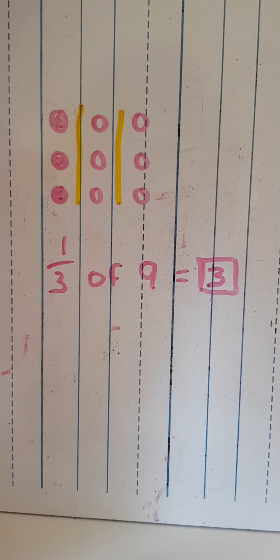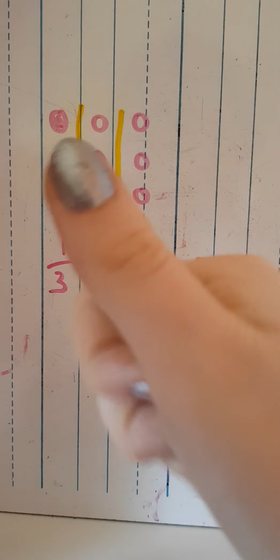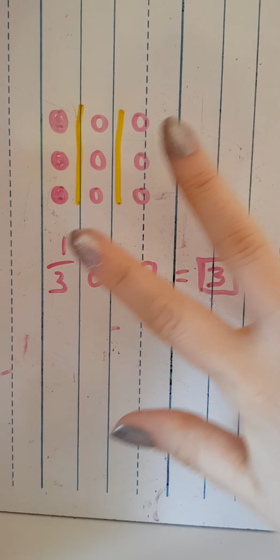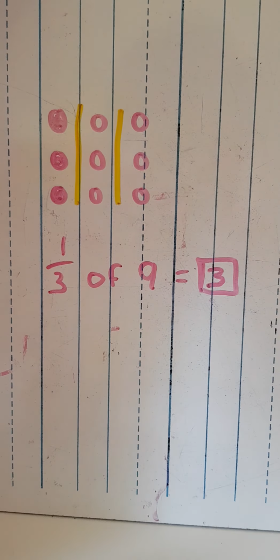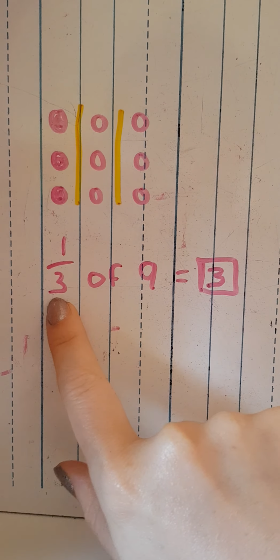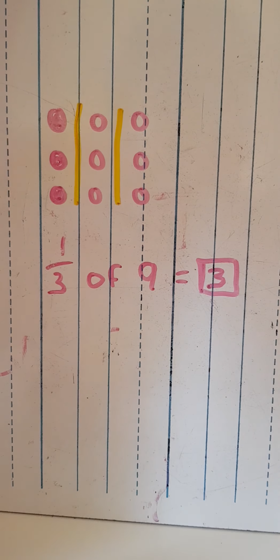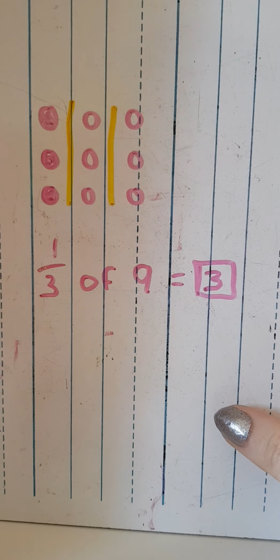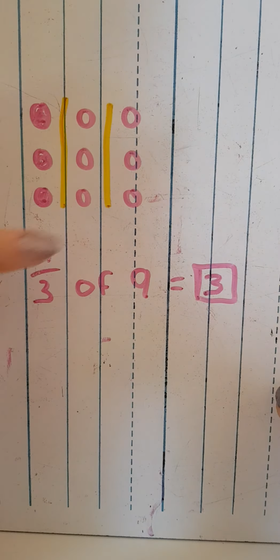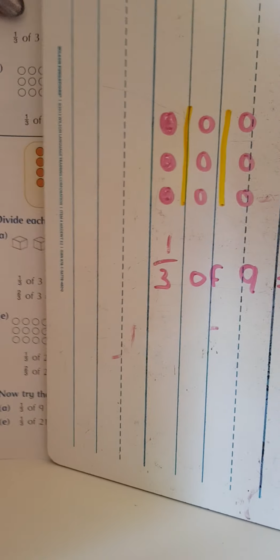That's all that it's asking you. The other way that you could do that, if you want to use your tables, how many times does 3 fit into 9? 3, 6, 9. You would have got 3 as well, because that's 9 divided by 3. We didn't have to do the multiply part because there's a 1 on the top. But when you first start off with fractions, you're probably more comfortable with doing it by looking at them, so that's completely fine.